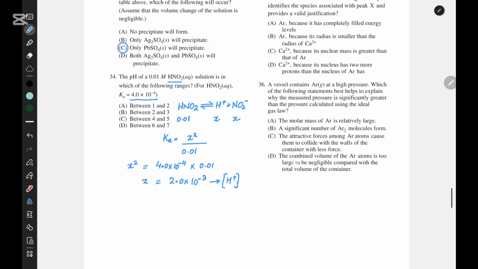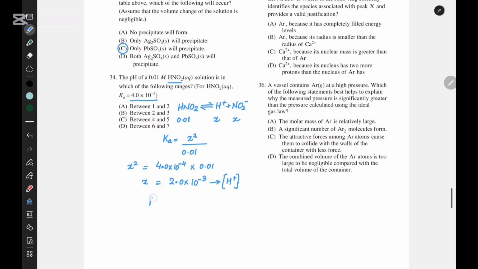After that, as we want to find the pH, pH is equal to the negative log of the hydrogen ion concentration, negative log of 2.0 times 10 to the power minus 3, and pH finally comes out to be 2.7.